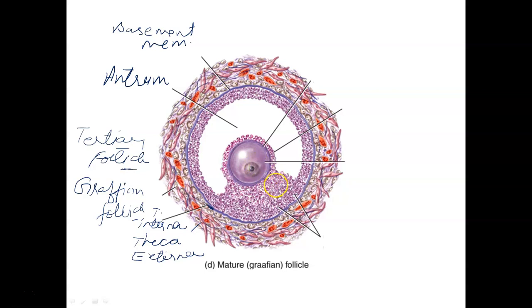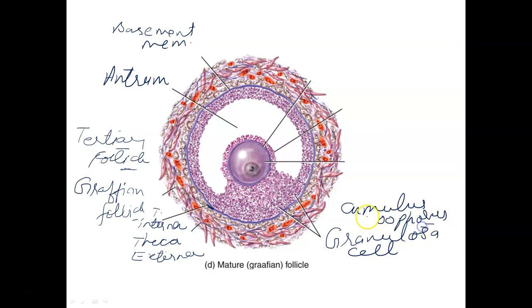This is the bridge which joins the secondary oocyte with the Graafian follicle, and this is also formed from granulosa cells. This forms the cumulus oophorus. Cumulus oophorus is the bridge through which the secondary oocyte is attached with the Graafian follicle.